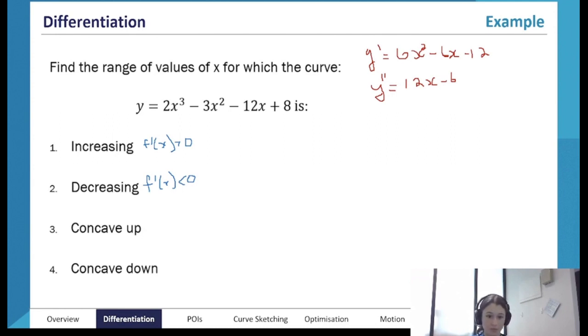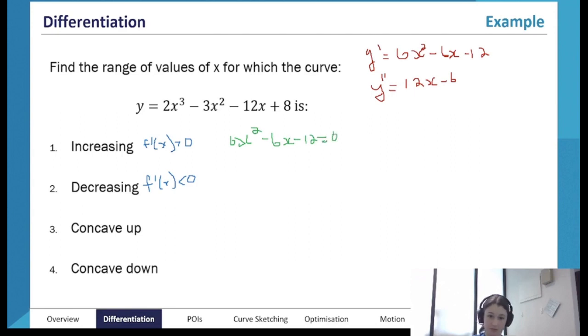So, we need to find when the first derivative is going to be equal to 0, and then we're going to find out if it's increasing or decreasing on either side. So we're going to let our first derivative equal 0. As you can see, this is a pretty simple quadratic.